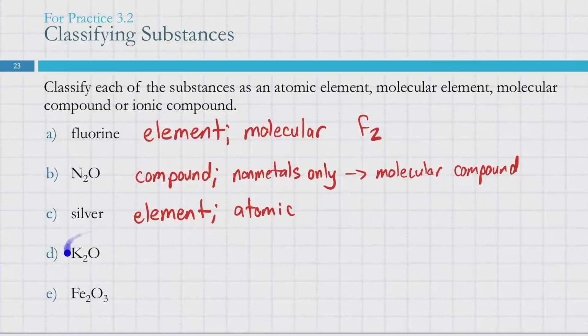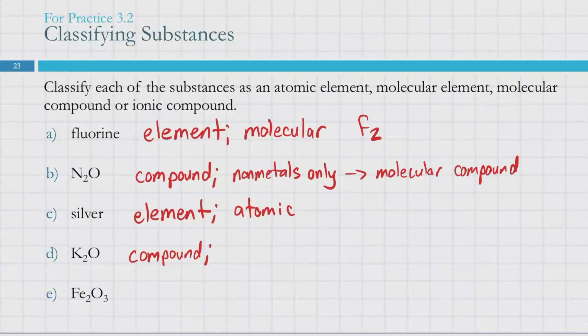Then we've got K2O and Fe2O3. Are those elements or compounds? They're both compounds. What kind of compound is K2O? What sort of things does it have in it? Is it nonmetals only, or is it metal and nonmetal? It is metal and nonmetal.